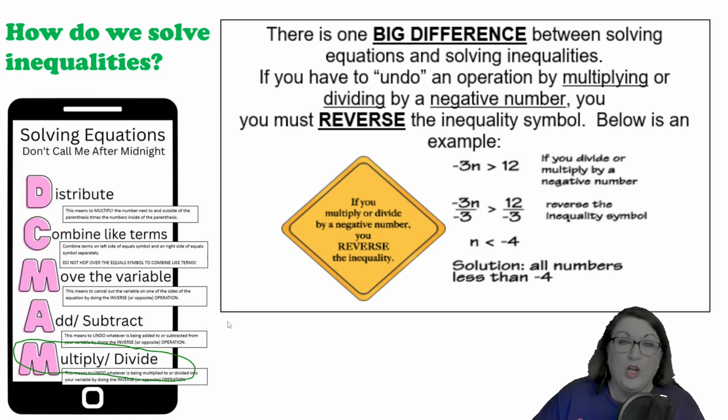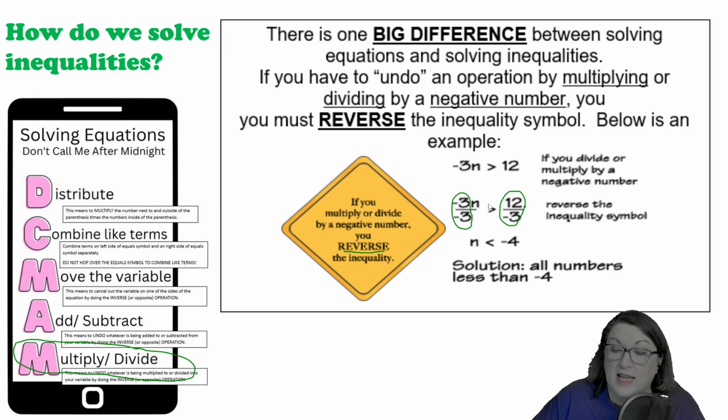If the number you are multiplying and dividing by is a negative, then you must reverse the inequality symbol. So as you can see on this one here, the number that they are dividing by is -3. And this is always on that final step when you're solving equations and inequalities, the multiply divide step. So if you're multiplying or dividing by a negative number, then you have to reverse the symbol.